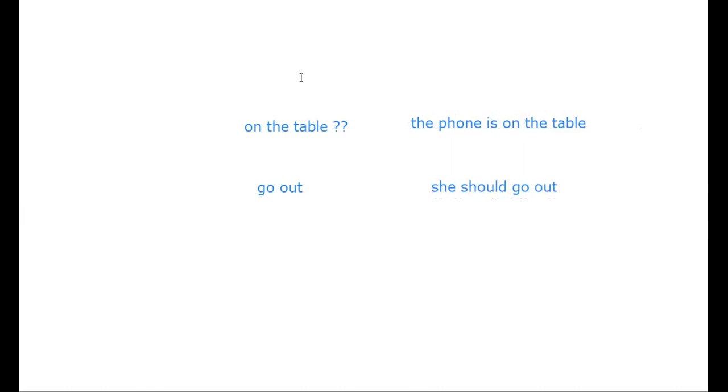So every time I need to tell that this is what I'm talking about, I need a subject, which should tell you that without the subject, a sentence is always incomplete. This is called the subject. Without the subject, the sentence cannot exist.